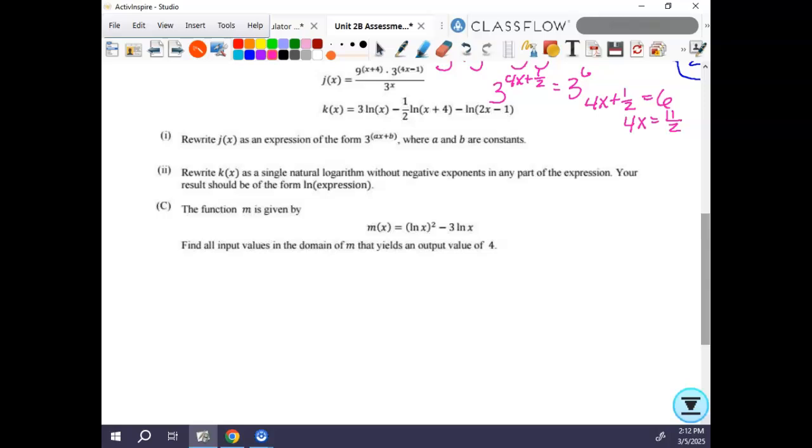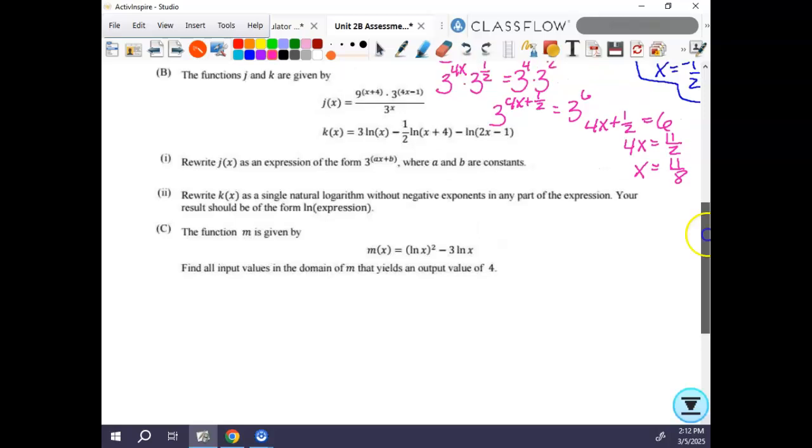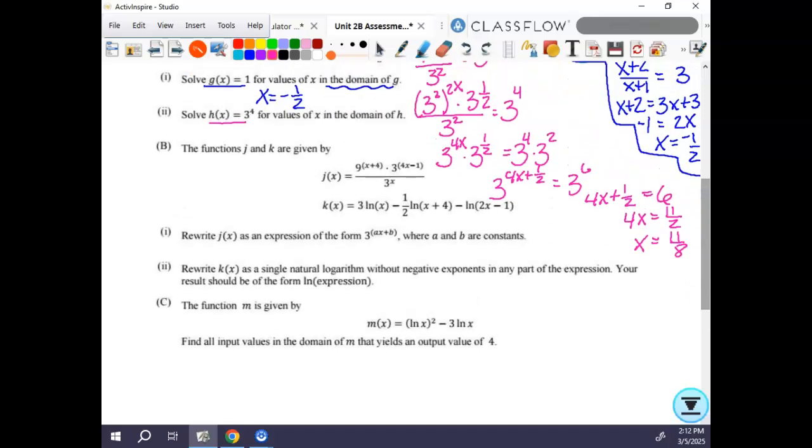Dividing by 4 is the same as multiplying by what? 1/4. So that would give me x equals 11 over 8. So x equals 11 over 8. What questions you got? We good?